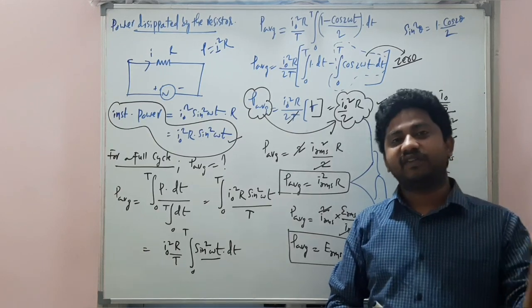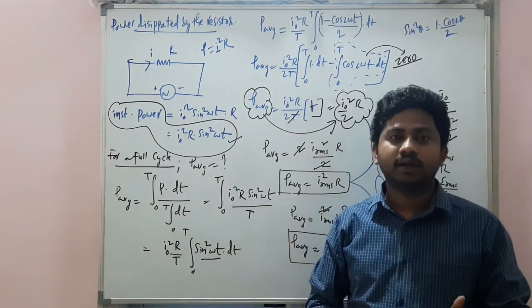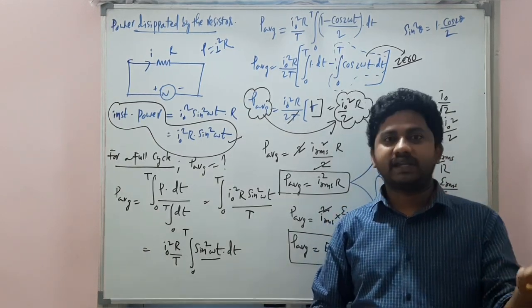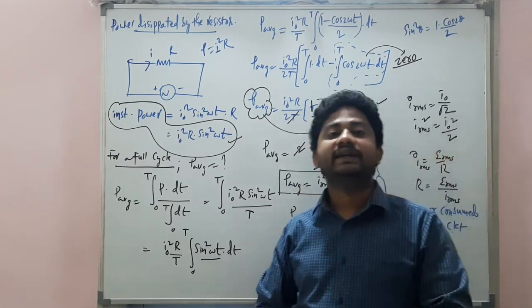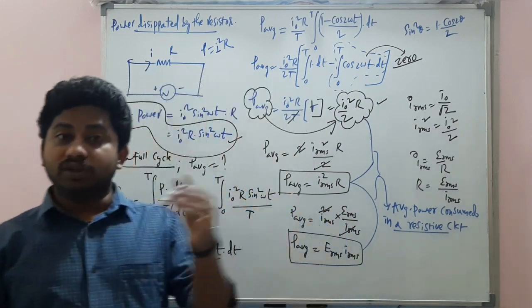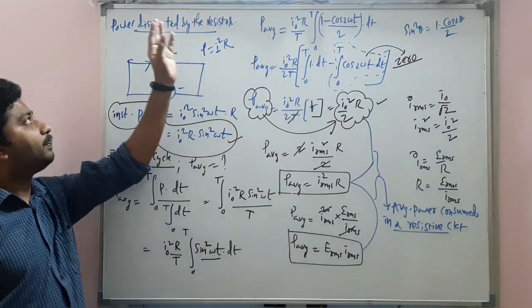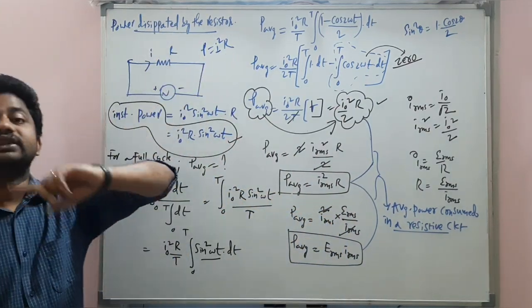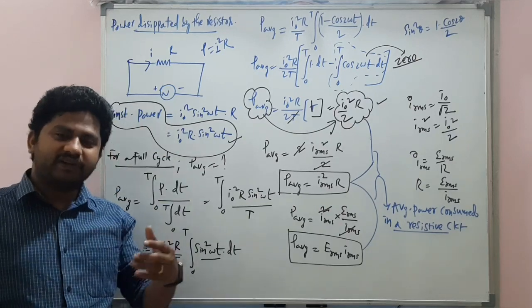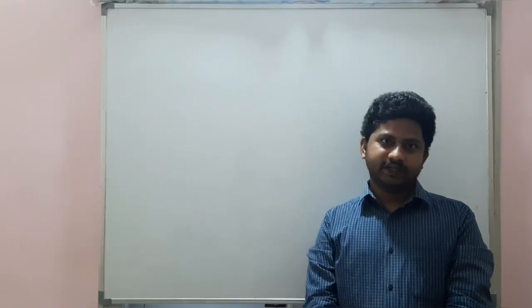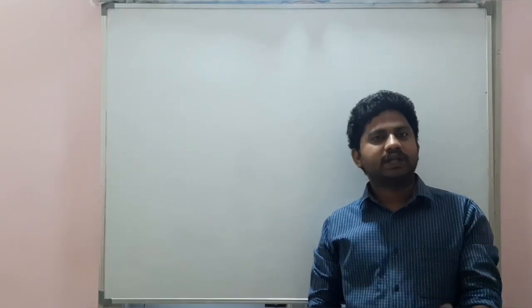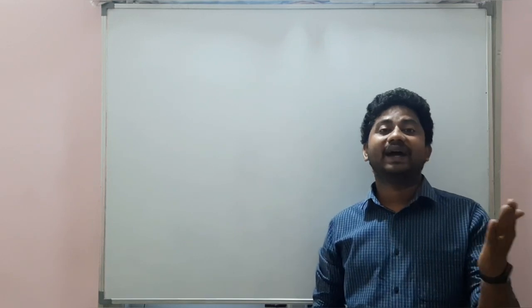We'll check whether there is a phase difference between I and E. We'll draw the sinusoidal graphs for I and E, and we'll draw the phasor diagram also for I and V. Alright, then we will check the power dissipated in the inductive circuit. We'll do it now. Well, my dear students, let's continue the topic: when an alternating source is connected to the inductor. So let's see.